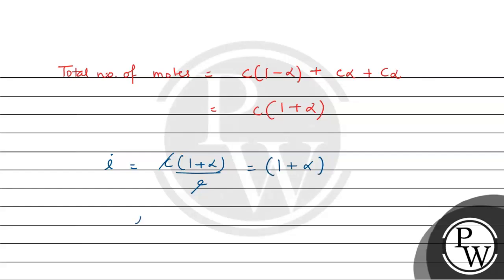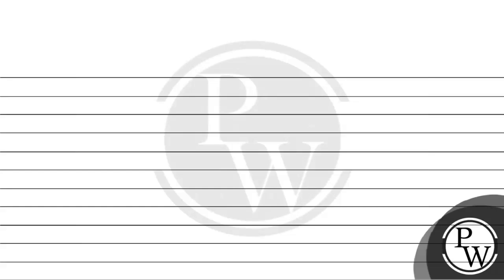And the Van 't Hoff factor we calculated was i is equal to 1.0753. So 1 plus alpha becomes 1.0753. So alpha comes out to be 0.0753. This is the value of alpha.